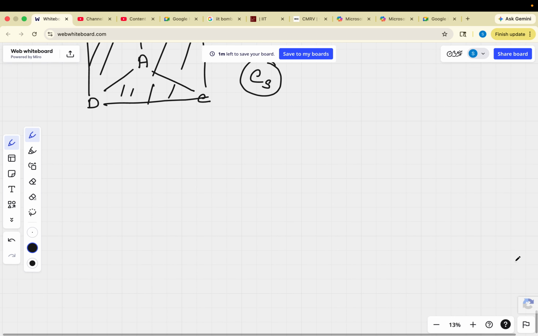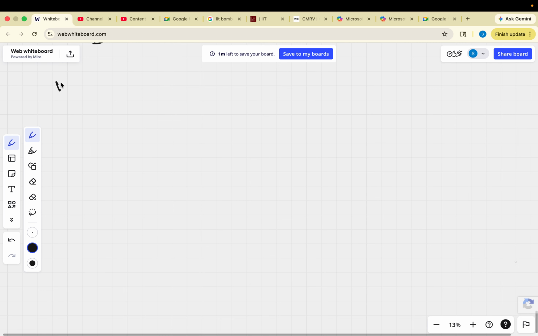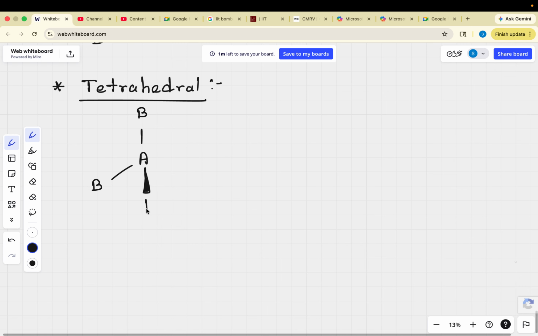Okay, so next we have tetrahedral. Suppose I have this A, B, B, B. If you have four different atoms attached to the central atom, then definitely it will be tetrahedral.